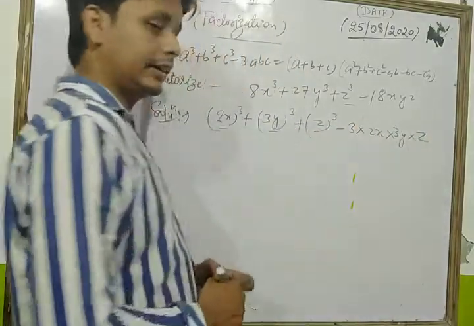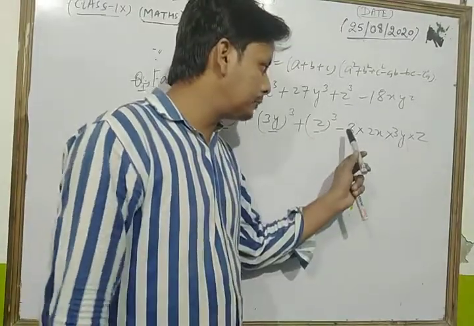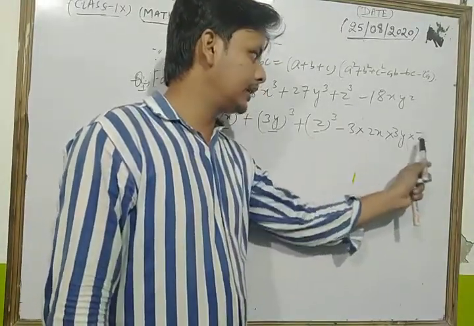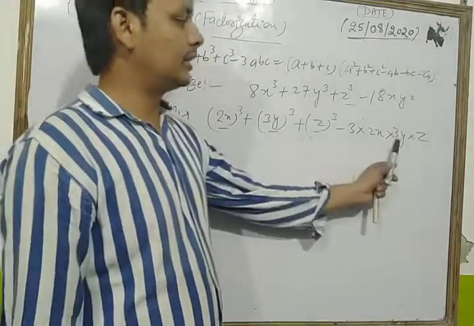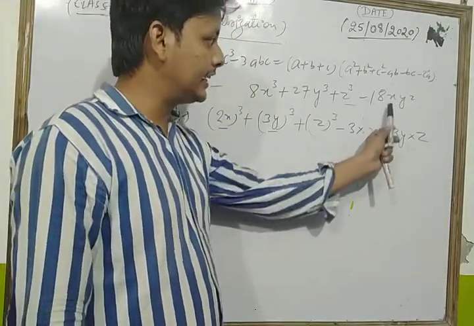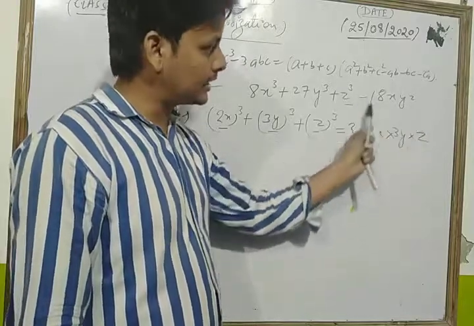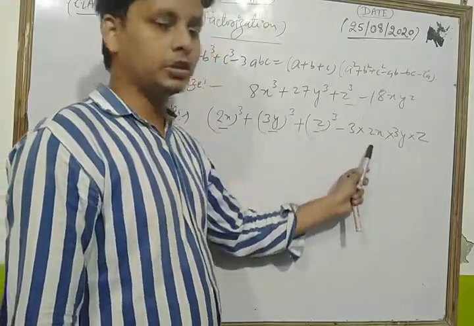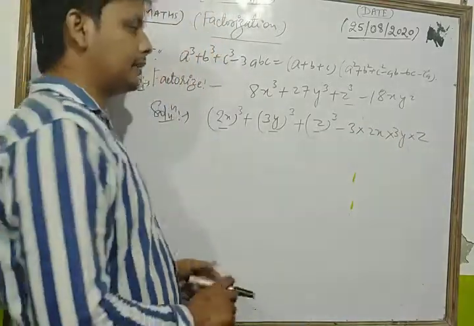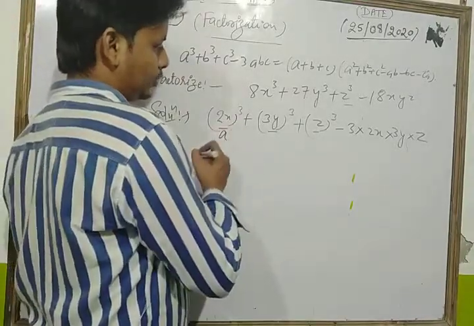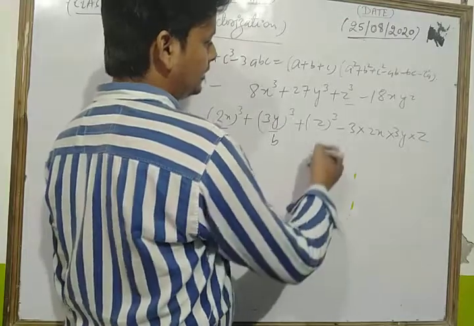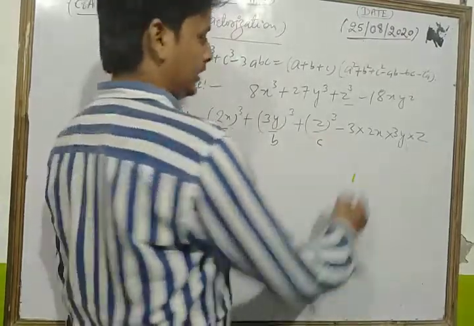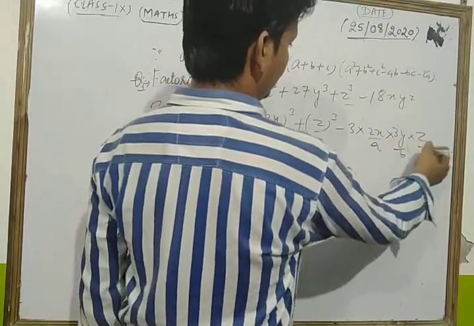Now look, dear students, if we multiply 3, 2x, 3y, z, 3 times 2 is 6, 6 times 3 is 18, we get 18xyz. So we arrange the 18xyz in this way on the basis of a, b and c. Here we take 2x as a, we take 3y as b, we take z as c.